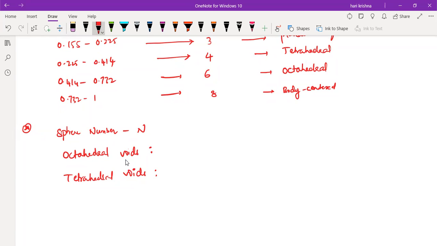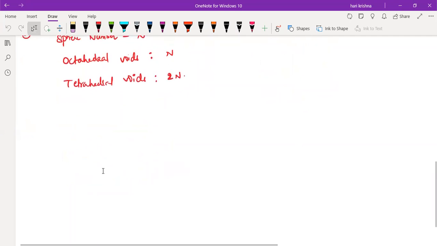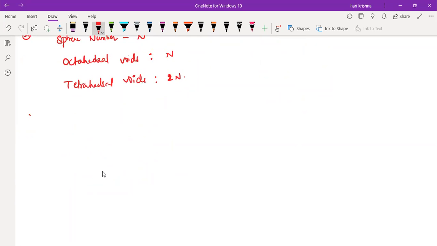What is the answer? Octahedral voids will be n, tetrahedral voids will be 2n. And this is the important formula. Next one.